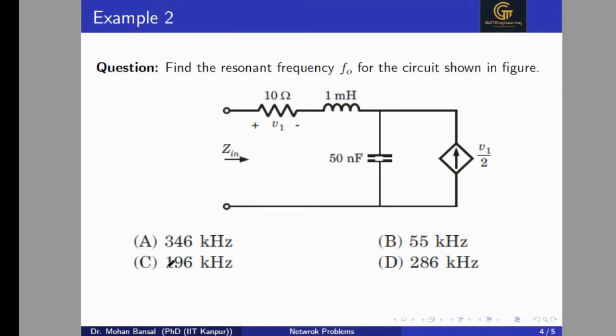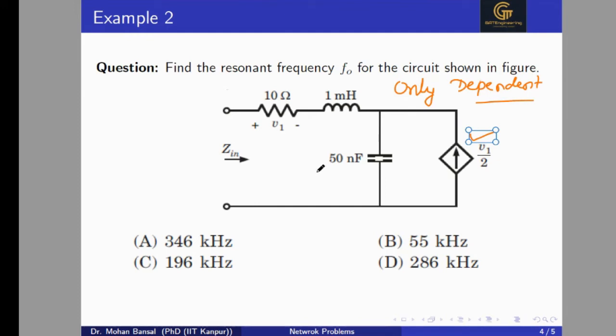Now we are going to solve another problem in which we are given one dependent source. Independent source is not given. We have only dependent source. In such a case, we have to compute the resonant frequency F0 for this circuit.